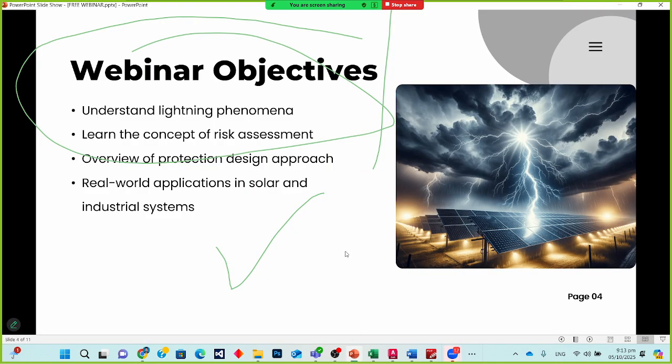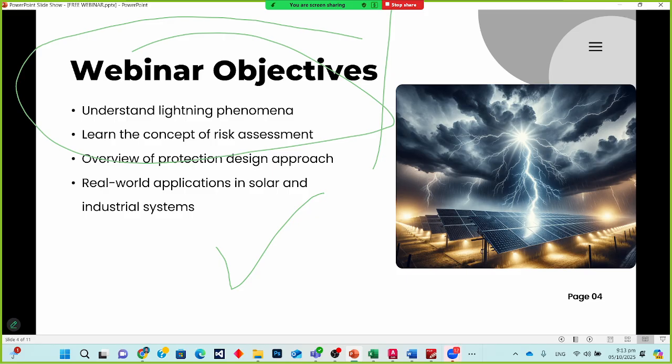So sorry for the interruptions. Basically, when lightning strikes a structure or any electrical system, we need to first analyze the risk of that lightning strike, and if the risk is under the limitations as per the IEC standard, then we need not provide electrical protection against lightning strikes.